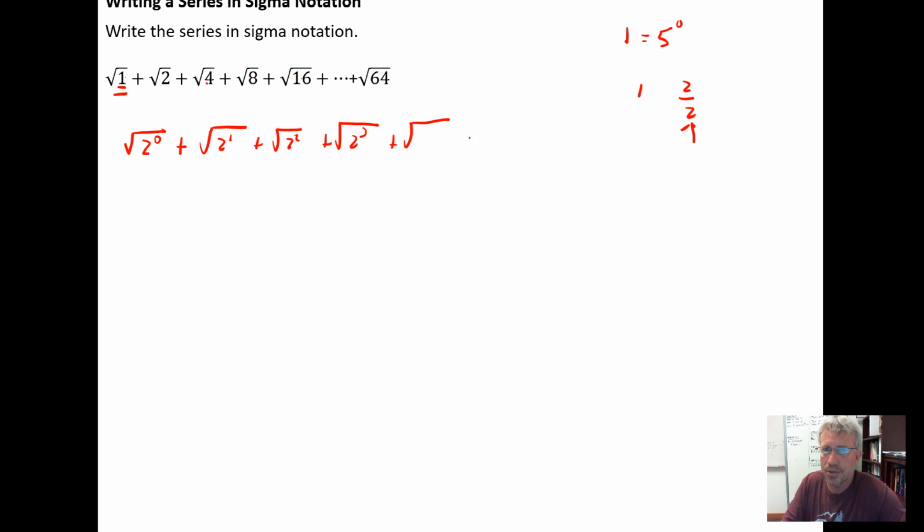16 is 2 to the 4th power, plus, and then 64 we need to figure out, well, what power is that? If 2 to the 4th is 16, and 16 times 4 is 64, we'll need to multiply this by 2 squared, so it looks like we're going to get 2 to the 6th.